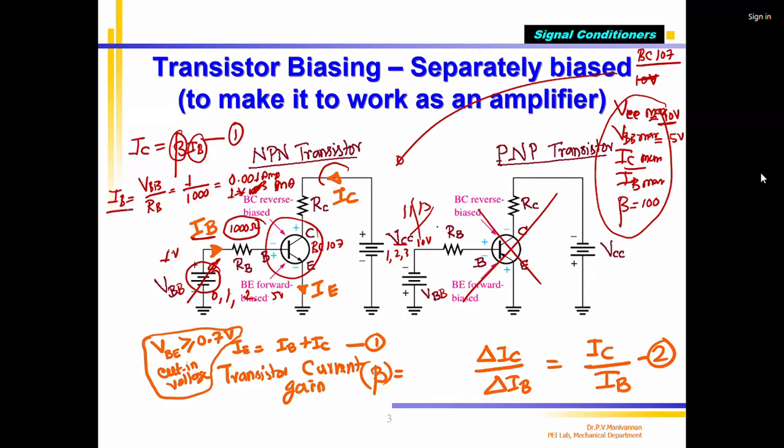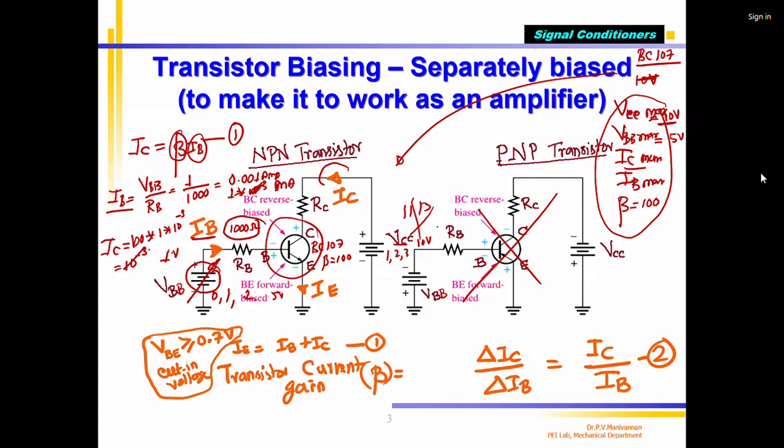Base current is going. Now, what will be my IC? IC equals beta, which I said is 100 from the data sheet, multiplied by 1 times 10 power minus 3.